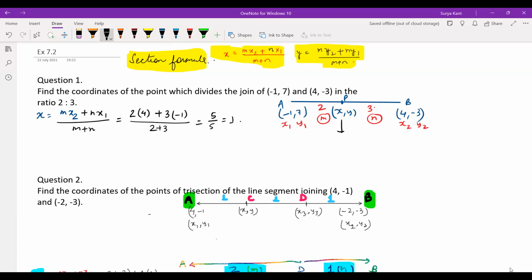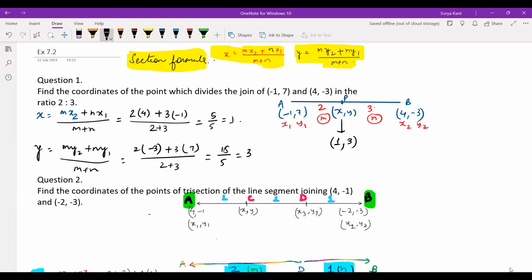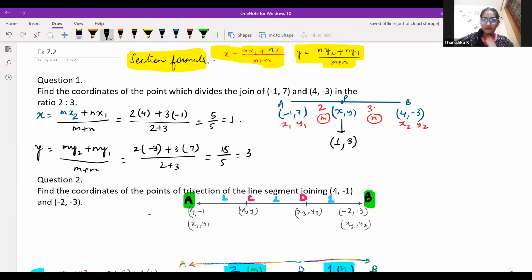So we got x as 1. Similarly, you can find y also: m y2 plus n y1 divided by m plus n. So m is again 2, y2 is -3, plus 3 into 7, divided by 2 plus 3. 21 minus 6 is 15, 15 by 5 is 3. 1 comma 3. All of you got 1 comma 3 only, right? Yes, sir.